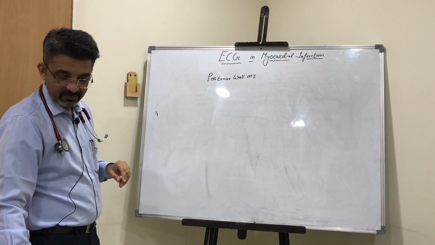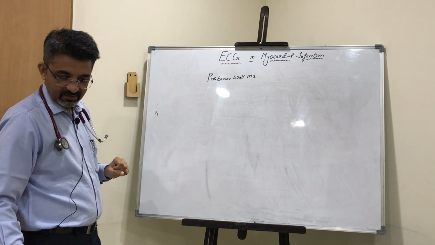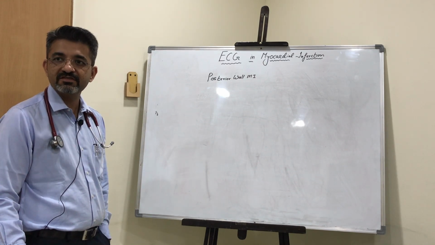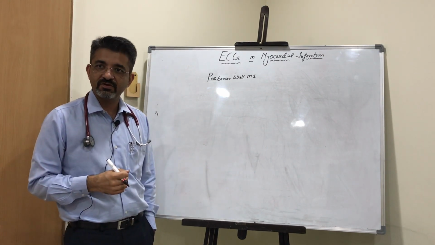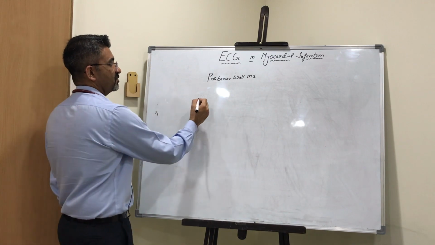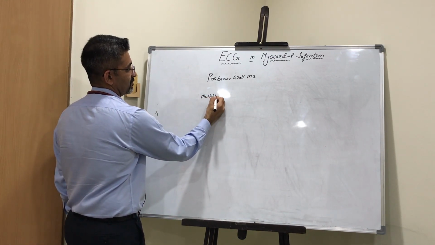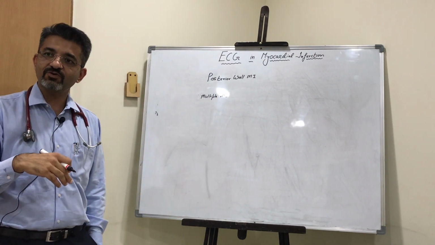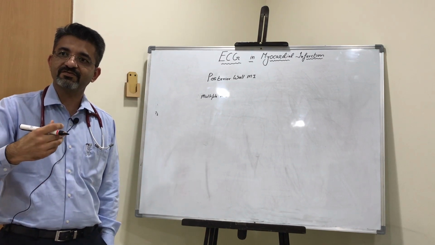So if I look at ECG prognostic guides, how does the ECG tell us about the prognosis of MI? If I have multiple MIs, meaning I can see an inferior wall QS pattern and also an anterolateral QS pattern, that means the patient has suffered MI multiple times.